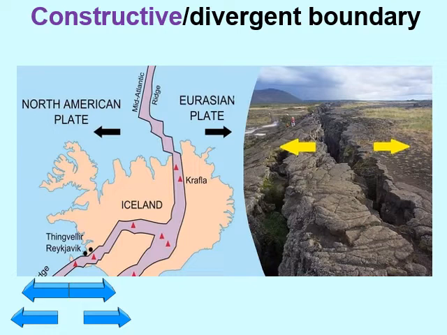And Eyjafjallajökull is the volcano that caused the massive stoppages all over the world in 2010 when it had a big ash eruption. The picture on the right shows a picture of the actual mid-Atlantic ridge, and we can see here the two arrows showing the direction that these two plates are moving away from each other.